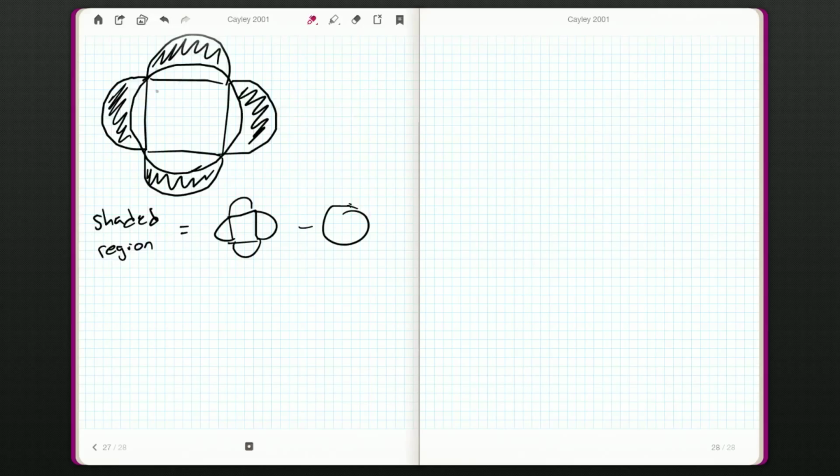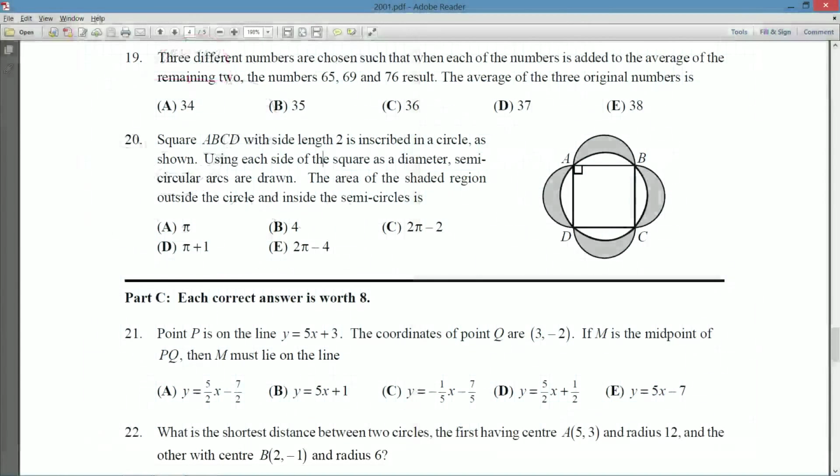So each of these semicircles here, these red semicircles that I'm highlighting, if we figured out each of their areas, we'd be doing pretty well. Well, we're told that the square acts as a diameter. So if we could just figure out the side length of the square, we could get the radius.